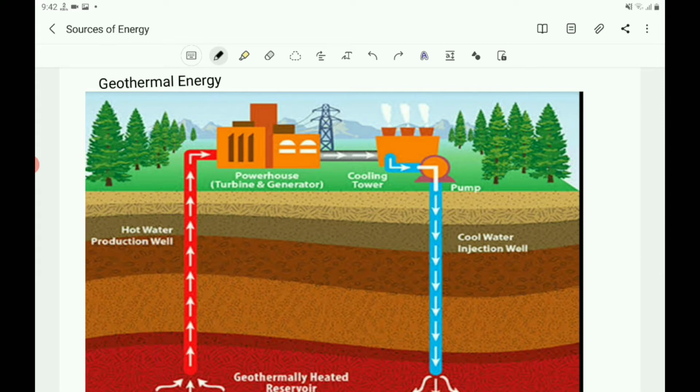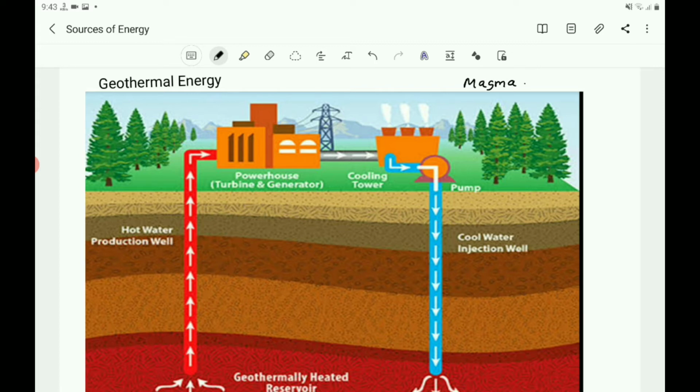You know that in the interior of the earth there are rocks. The rocks present in the interior of the earth melt due to high temperature, and that molten material is called magma.